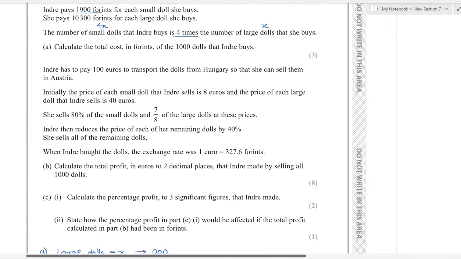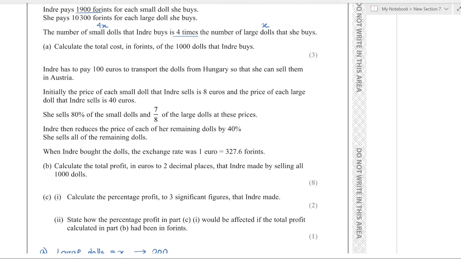Moving to part B, but before part B there is a big passage which says that Indri has to pay 100 euros to transport the dolls from Hungary so that she can sell them in Austria. So the transportation cost is 100 euros. Initially, the price of each small doll that Indri sells is 8 euros, and the price of each large doll is 40 euros.